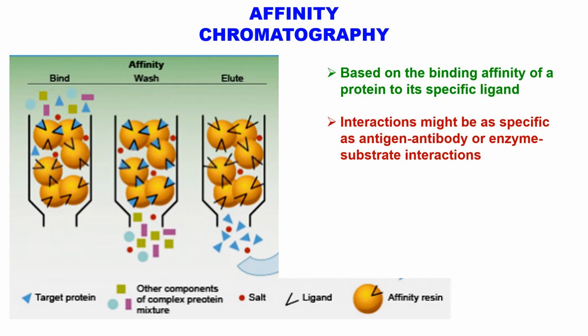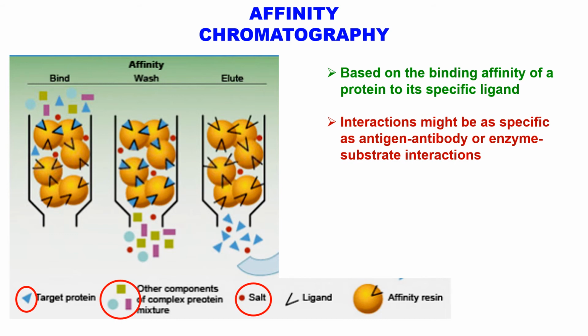So in the process, let's first understand the key. The triangle represents the target protein that we want to separate, while all the other figures represent the other components of the mixture. This small red circle represents the salts.